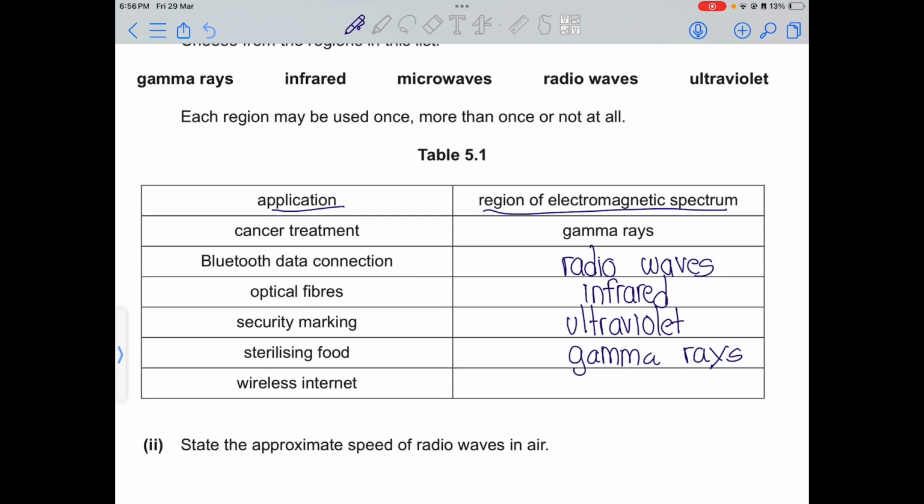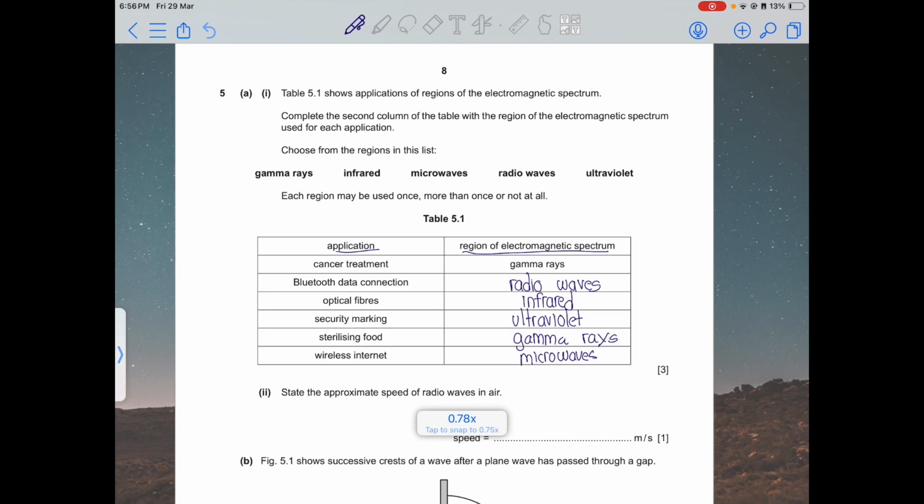Wireless internet uses microwaves because they can penetrate the Earth's atmosphere, which allows them to reach the international satellites which are above the atmosphere, and hence communicate with them. So yeah, radio waves, infrared, ultraviolet, gamma rays, and microwaves.